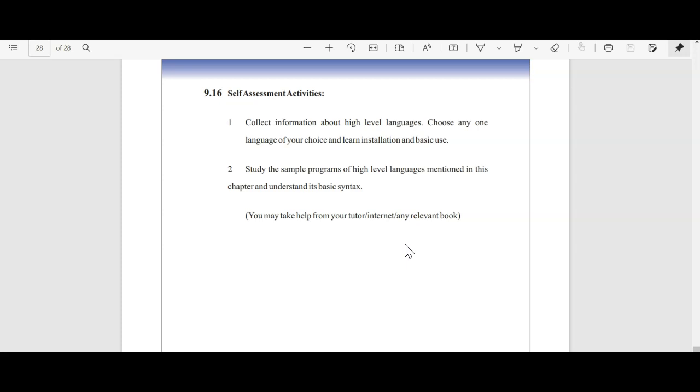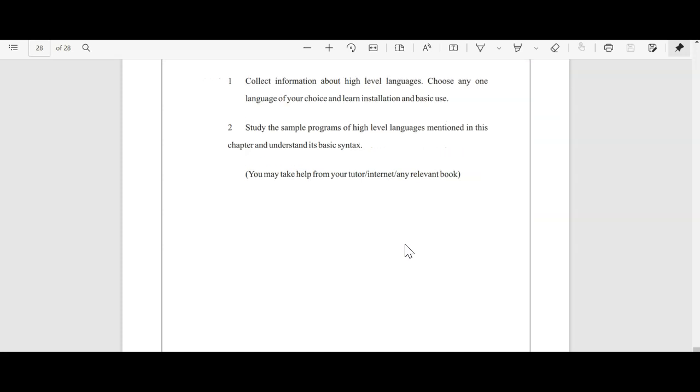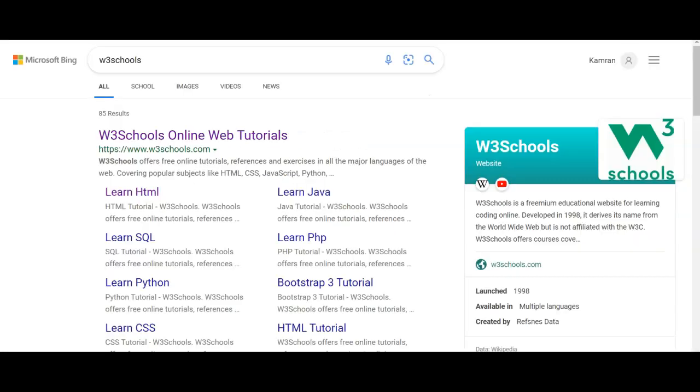In addition to these activities, I will again recommend you to make some tasks in Google Scratch. You have to work in Google Scratch so that you can understand what visual programming is, so you can use it. You might have already done it, but do explore it again. I will open Google Scratch again for you.